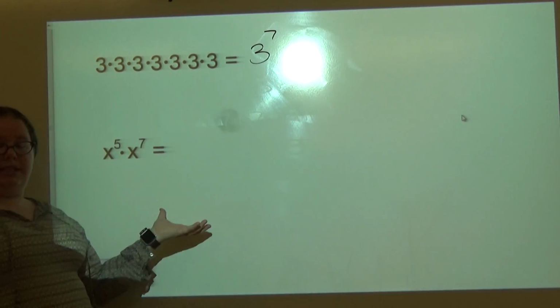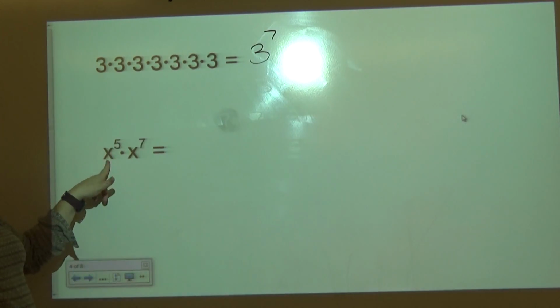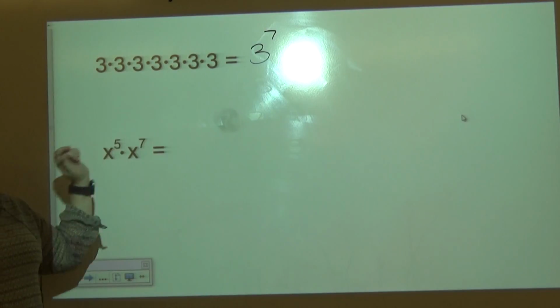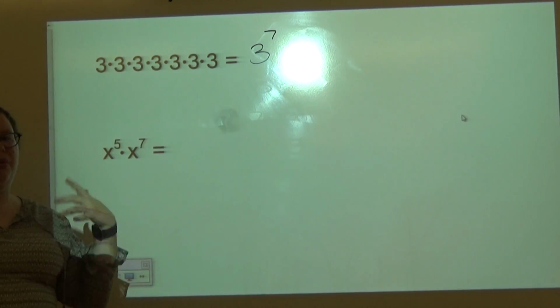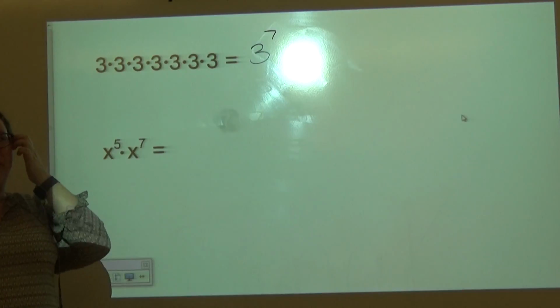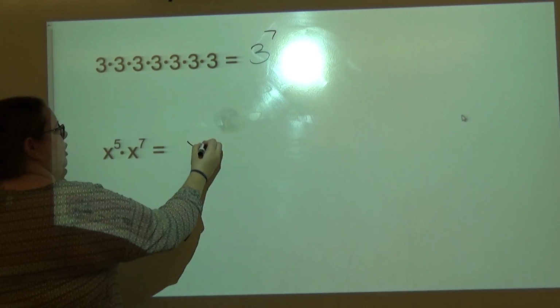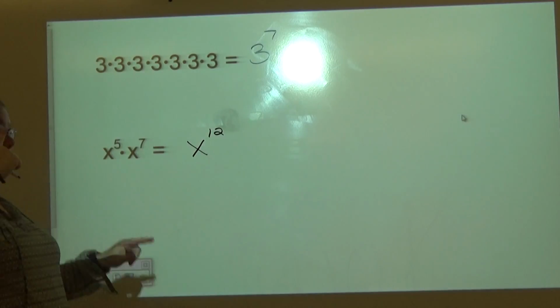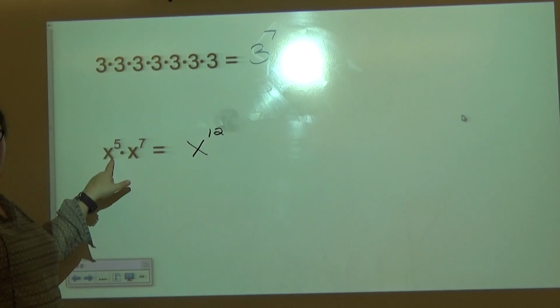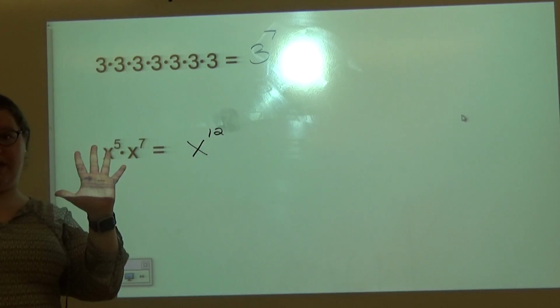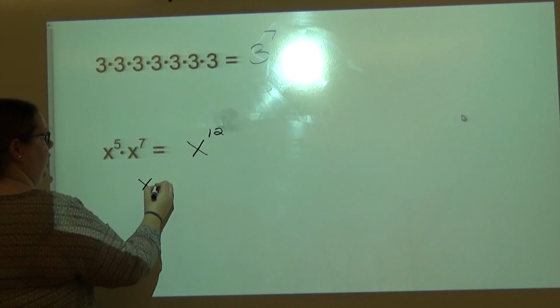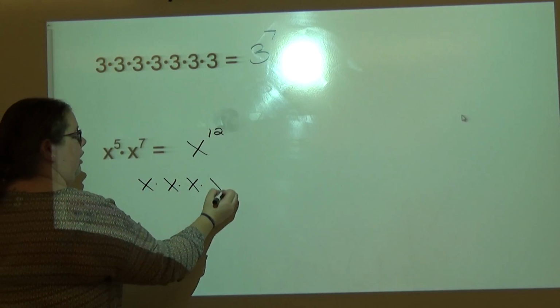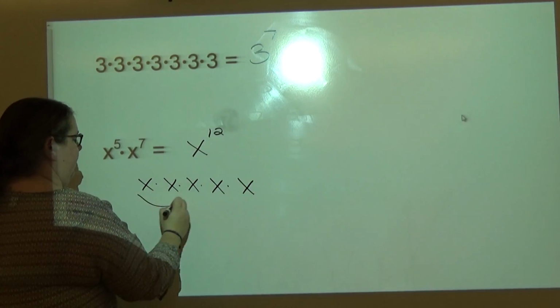Now, if we throw x's in here, what do you think x to the 5th times x to the 7th is? I'm sure a lot of you are remembering it's x to the 12th. But why is it x to the 12th? Well, what does x to the 5th mean? It means 5 x's. 1, 2, 3, 4, 5.